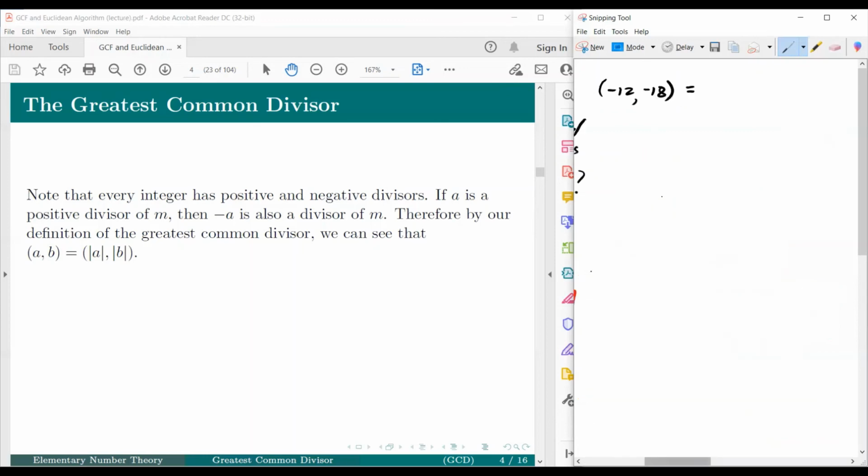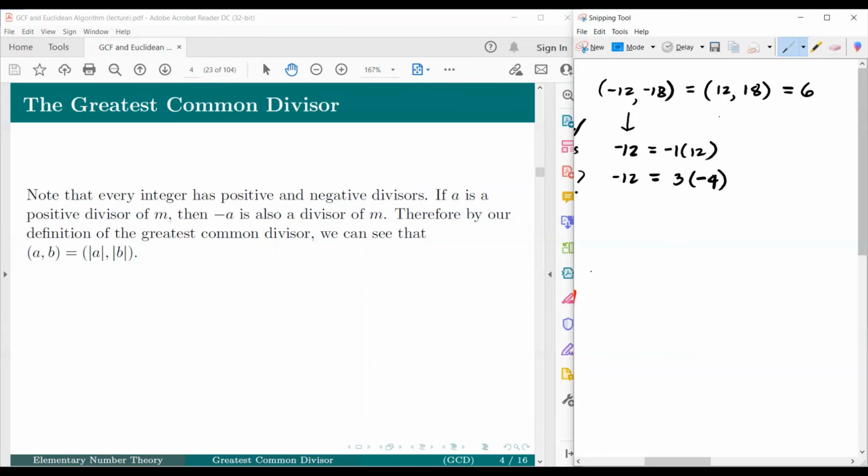Why? Because negative 12 can be written as the product of negative 1 and 12, or of 3 and negative 4, or negative 4 times 3. Therefore, they have the same divisors. Hence, this is equal to the GCD of 12 and 18, which is equal to 6.